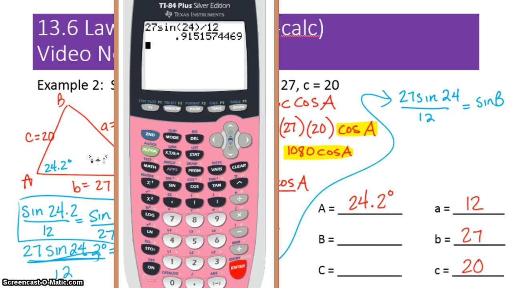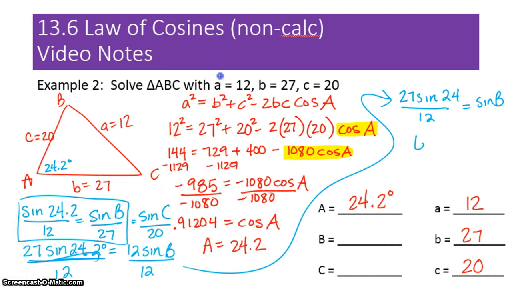There's our decimal, and then that's the sine of B equals this. So we need to inverse sine the answer, and we get 66.2 degrees. So we get angle B is 66.2 degrees. We're going to fill that in.